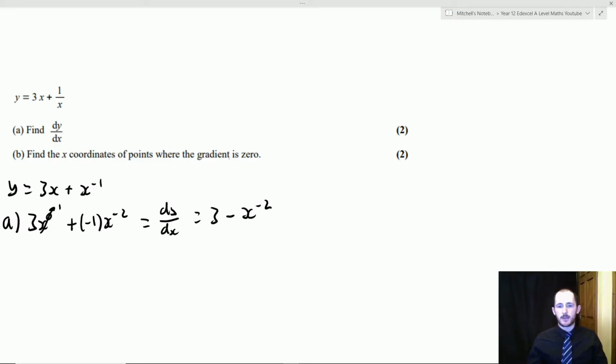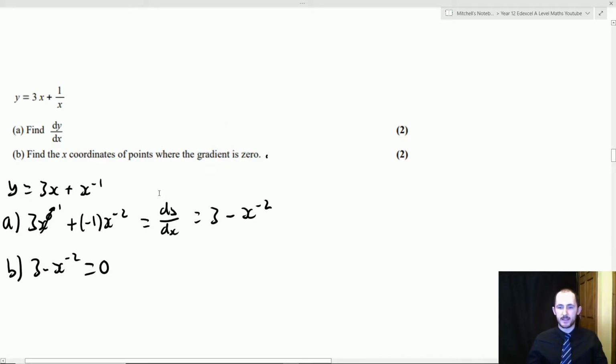Okay. Now it says find the x coordinates of the points where the gradient is 0. Now where the gradient is 0 is our turning points, but we don't need to differentiate again. When you want to find the coordinates of the turning points, you only take the first differential, so this thing. So all I'm doing is solving 3 minus x to the minus 2 equals 0, because turning points are when the gradient equals 0.